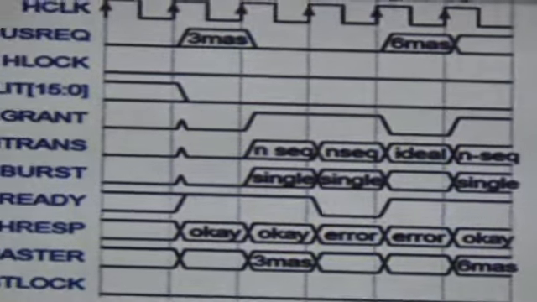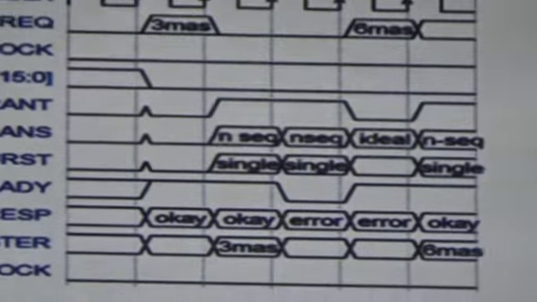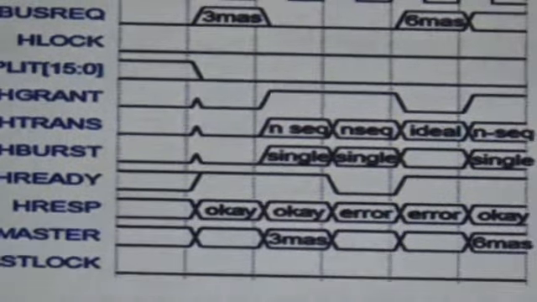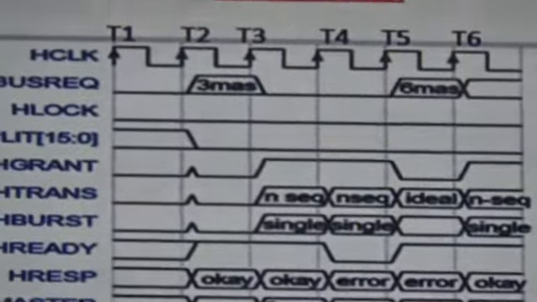At T4 clock cycle, the slave response is with error. We see HRESP at T4 clock cycle, the slave responds with error, and since error is a 2 clock cycle response, it continues for one more clock cycle up to T5 clock cycle.